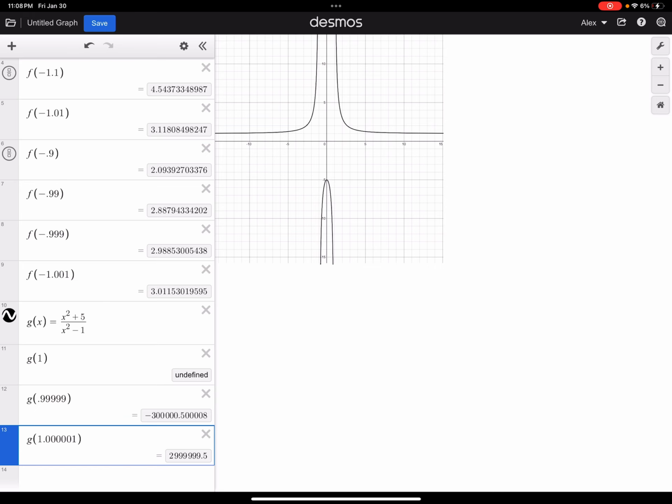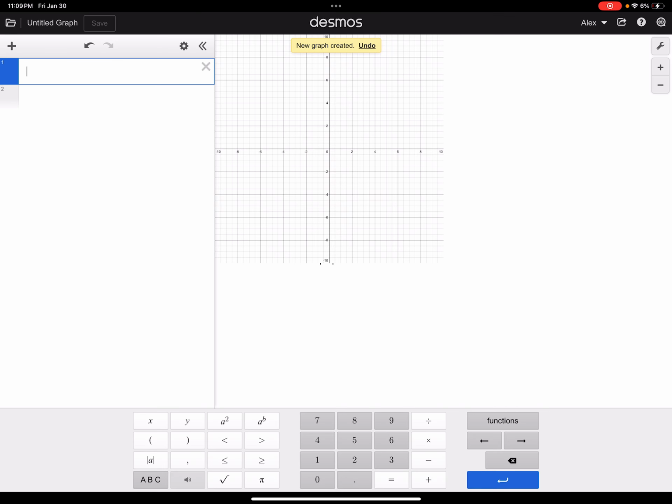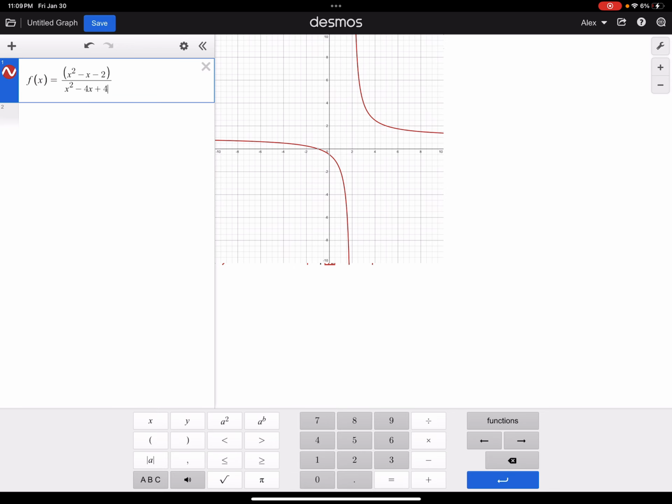Let's get rid of this, and why don't we just use a new graph? There we go. So let's say f of x equals this parenthesis, x squared minus x minus 2 divided by x squared minus 4x plus 4, is what I think it was. Okay, let's plug in our values and see what we get.